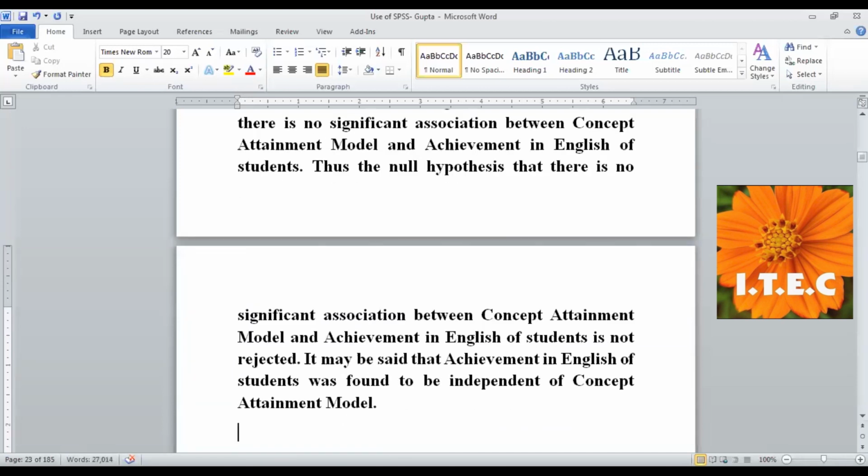So this is how you have to write the interpretation of the McNemar. And if it is significant, then you can say it is significant and there is a significant association.